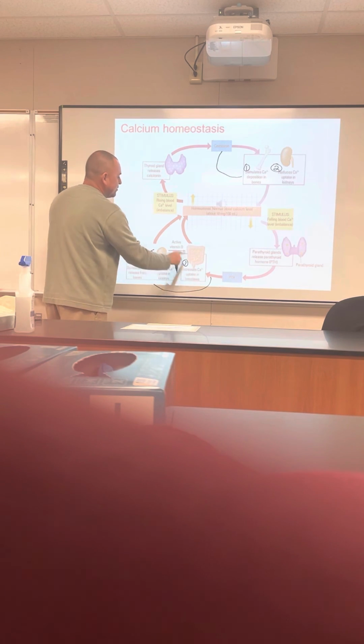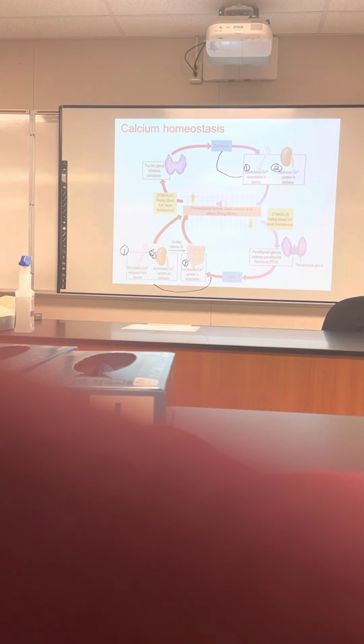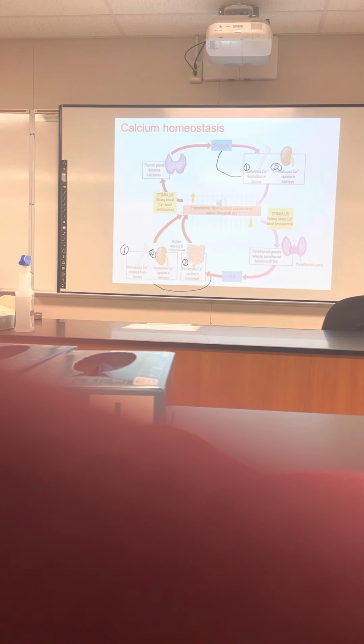So this one corresponds with vitamin D. Alright. Any questions on calcitonin, parathyroid hormone, or vitamin D? So just remember what's highlighted by those numbers which I just put up on that diagram.